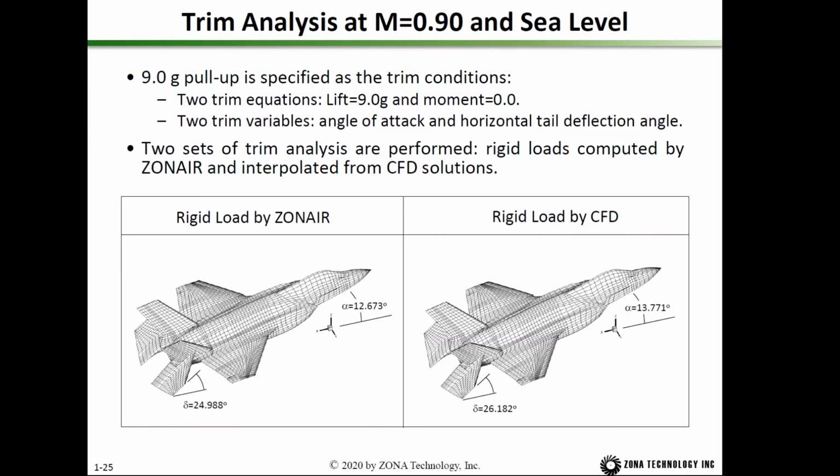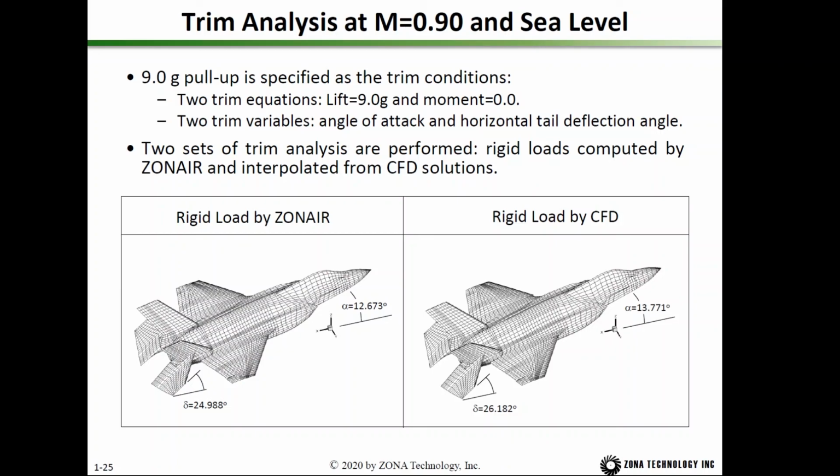Then we can perform a trim analysis. The trim condition is at Mach 0.9 sea level at a 9G pull-up condition, and then the trim equation requires to satisfy the lift equal to 9G and pitching moment is 0 about the CG, and then you can see this is the rigid load computed by ZONAIR.